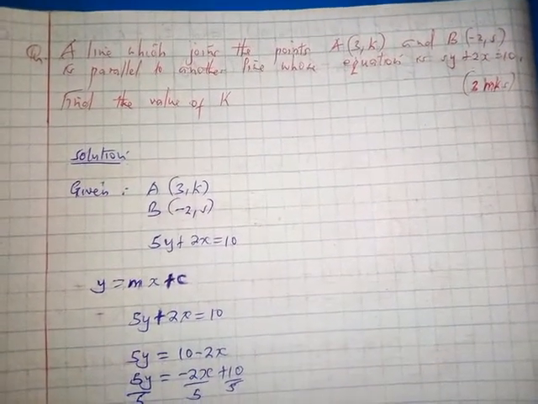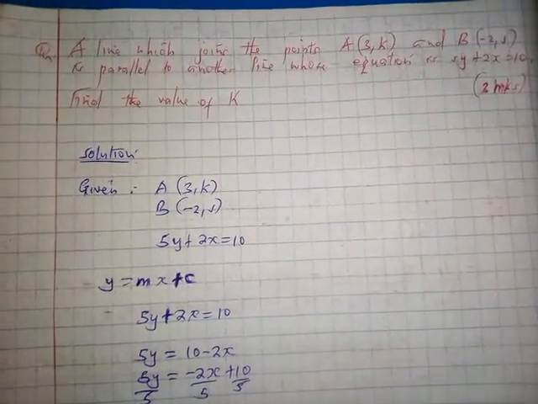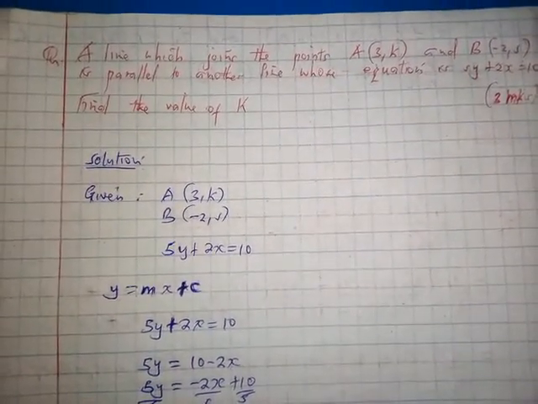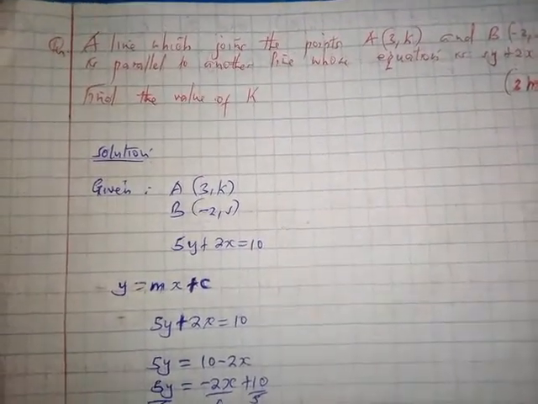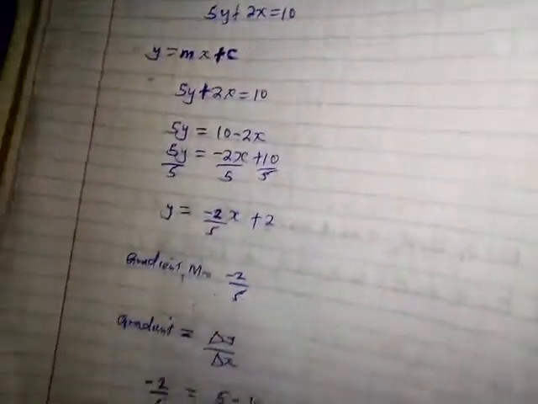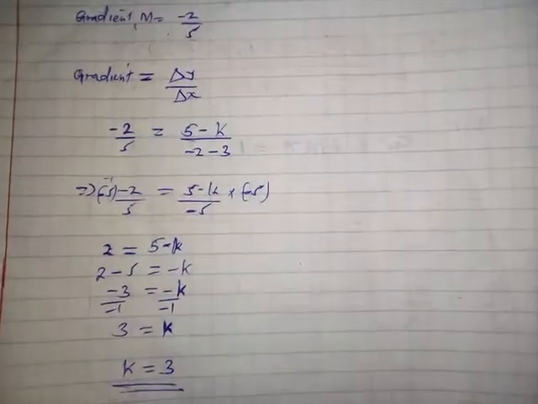After you know that m represents the gradient, then you are safe. The second thing is to know that parallel lines have the same gradient, and the third thing to know is how to find the gradient. That gradient is equals to change in y over change in x.